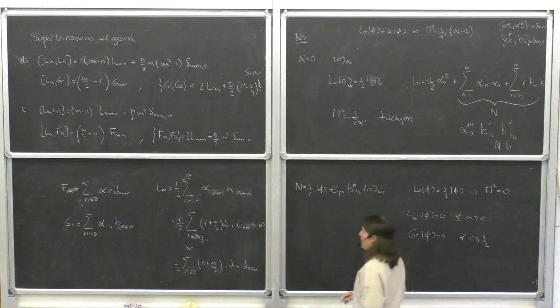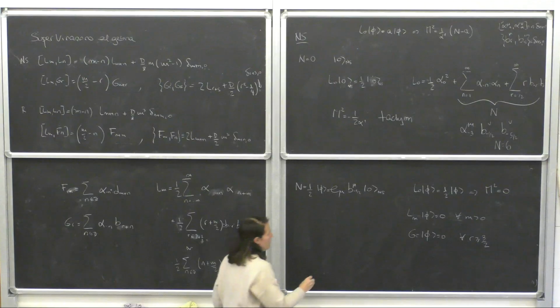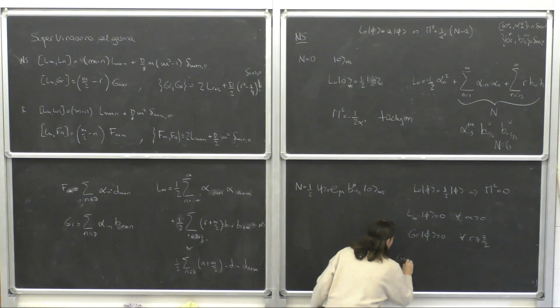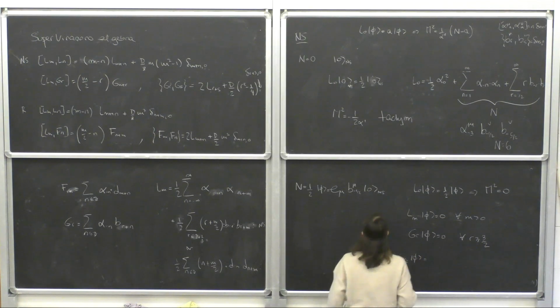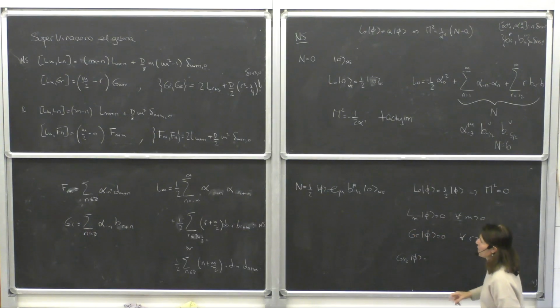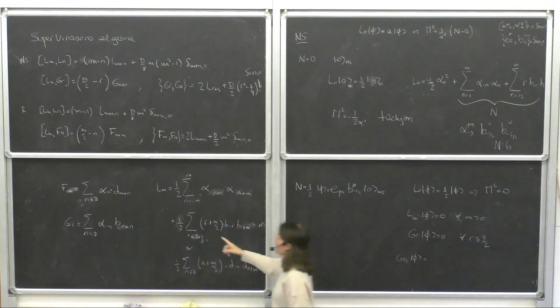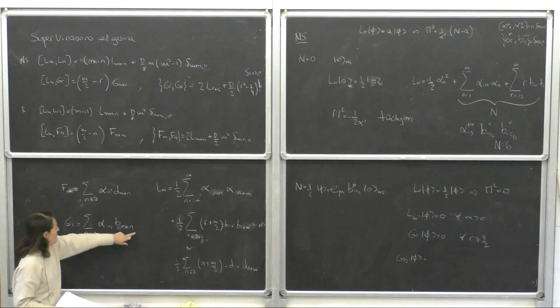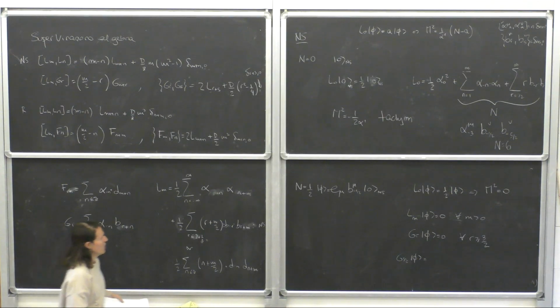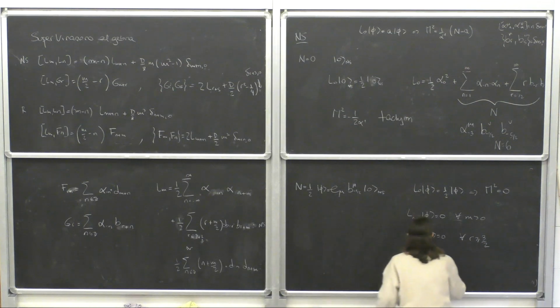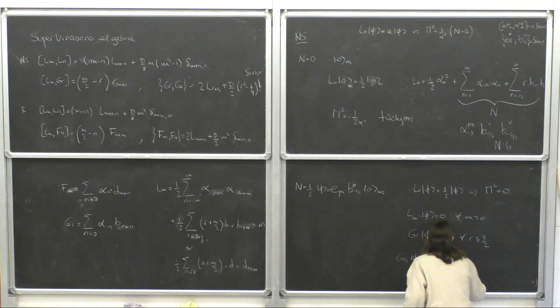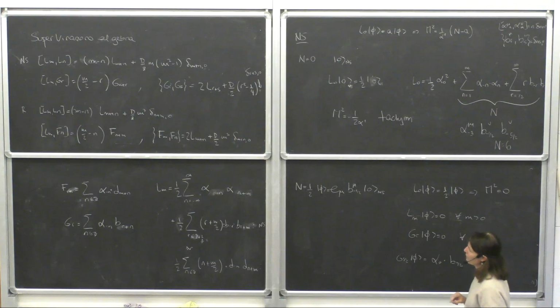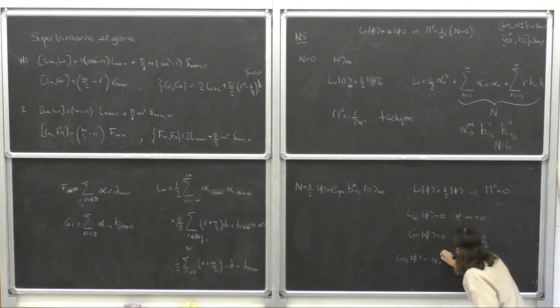For the same reasons, but g_{1/2} is not trivial. g_{1/2} phi is this sum, but the only one that is going to give something non-trivial is when this is 1/2, and that's for n equals 0, right? So the only one that gives something non-trivial is alpha_0 b_{-1/2}, right?